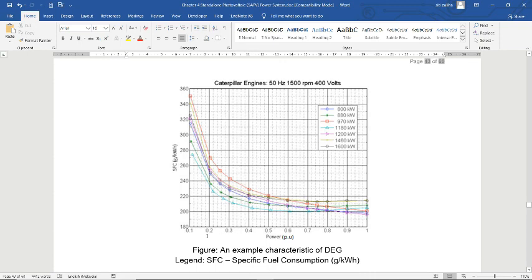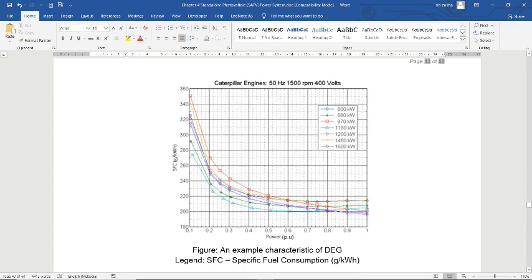So this is not economical when you operate the machine below 0.8 per unit power. Let's take this 0.8 per unit power operation. The fuel consumption for the 970 kilowatt engine is higher compared to the purple one, which is 1200 kilowatt.